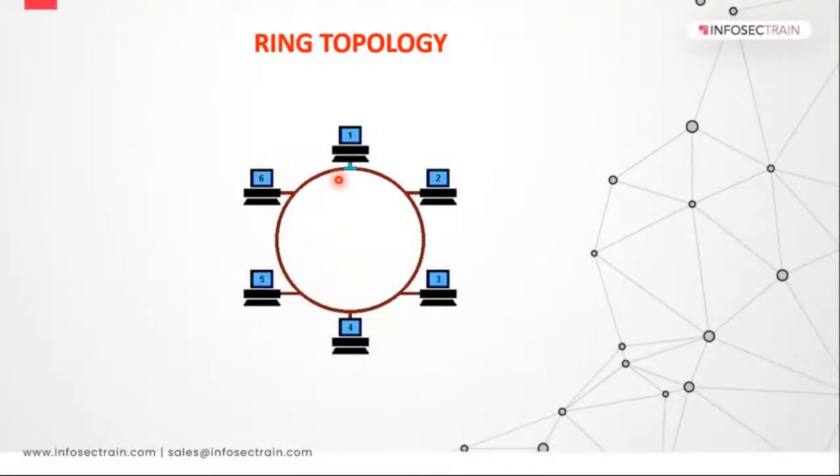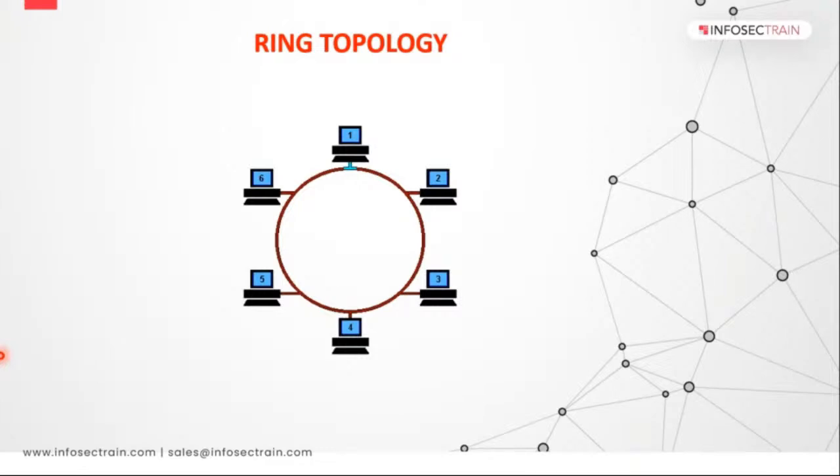So the next thing that we have is ring topology. So in ring topology, what happens? Correct. Token is passed.